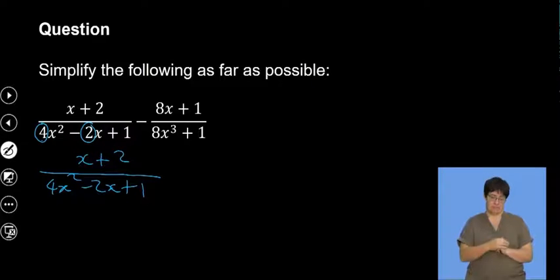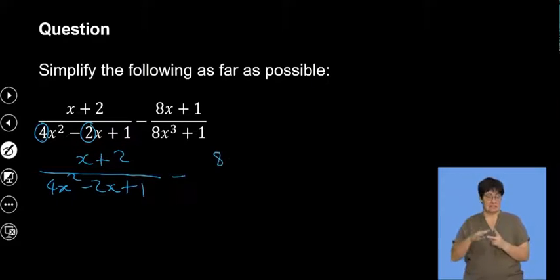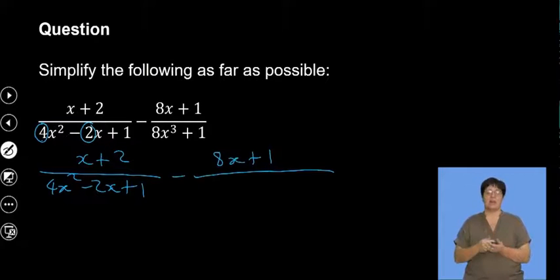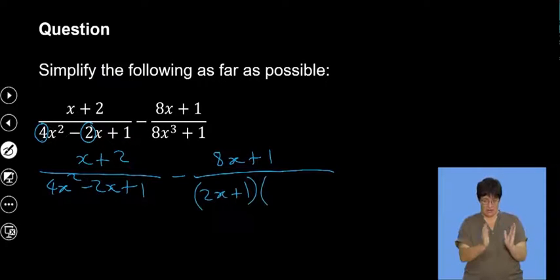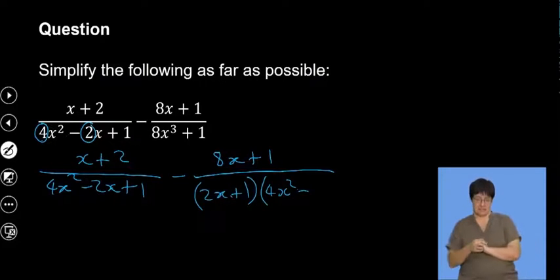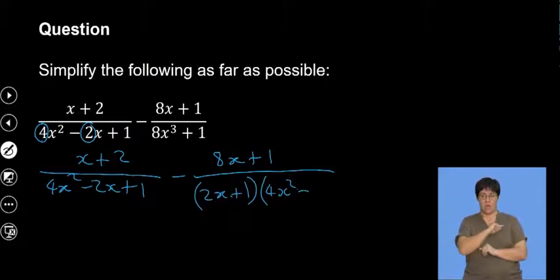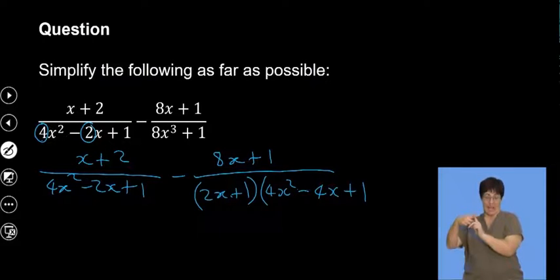And then the second term, you can factorize it: 8x plus 1 will be the same as 2x plus 1 in brackets because it's a cube. And this 4x squared, and since this is a plus, it becomes a minus here, and because it's 4 there and the last one will be 1, it also becomes another 4 here, and x, and lastly it becomes plus 1, right?